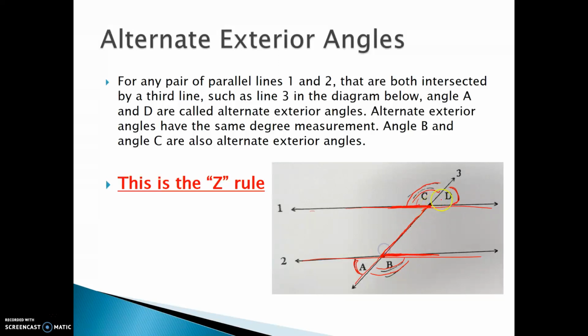And the points of the Z are pointing to angles D and A, so you can tell that those are equal. Also, just visually, when you look at these two parallel lines with the line intersecting, in case you can't remember the Z rule, you know that there are some sets of angles around there that are going to be equal. I just need to remember which ones they are. Visually, you can see that C and B are equal to each other if you know that there's a rule behind it.